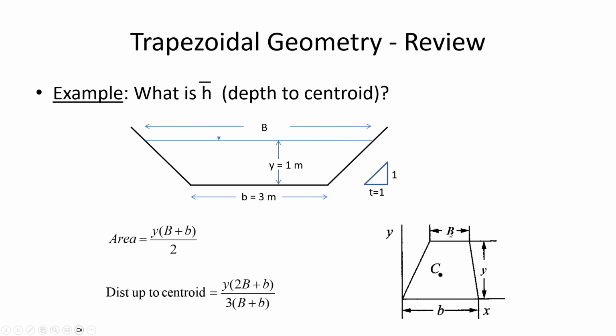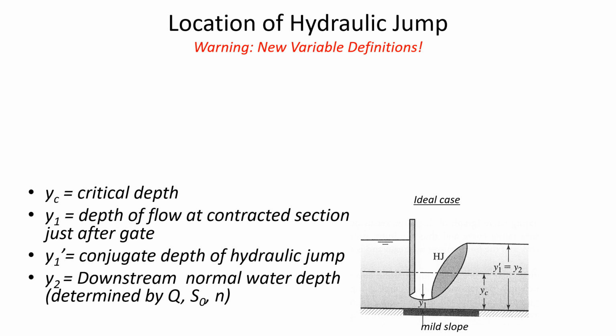All right, so I mentioned we're going to go look at the flume in the hydraulics lab in a future class meeting, and when we do, we're going to control where the hydraulic jump occurs. The analysis for finding out where the hydraulic jump sets up, the way it's laid out in the book, uses some new variable definitions that we haven't encountered before.